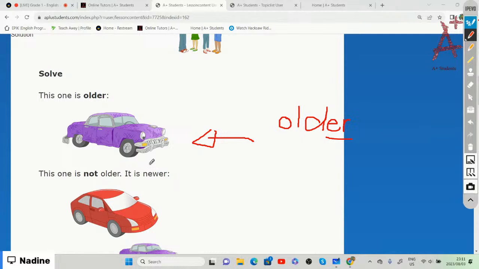So we can say the purple car is older than the red car, or we can say the red car is newer than the purple car. So remember, these are comparative adjectives, and a comparative adjective compares two people, places, animals, or things, and it ends in er.